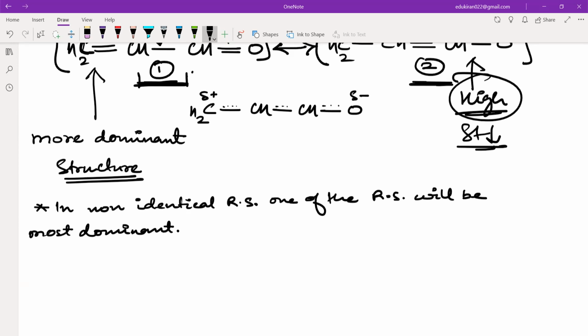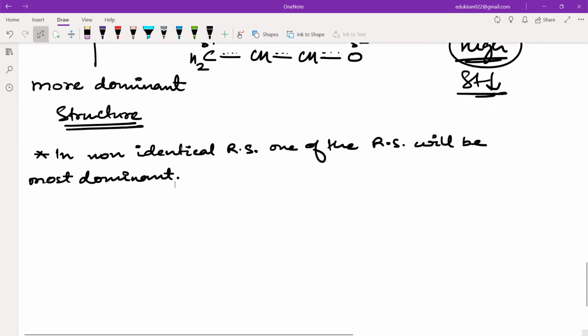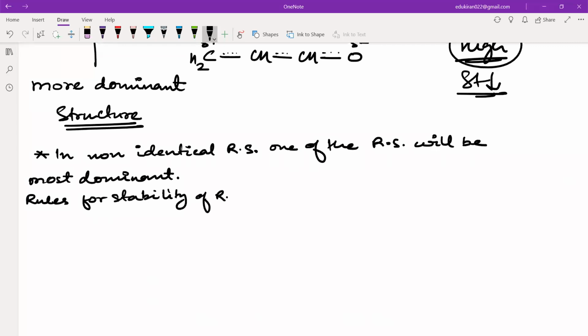Okay, one of the resonating structures will be most dominant. And to check this dominance, we have some rules for stability. So, rules for stability of resonating structures.